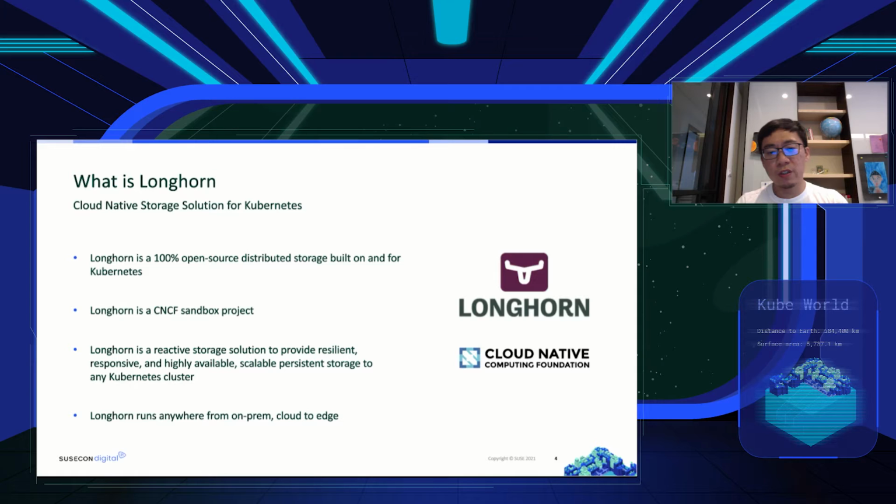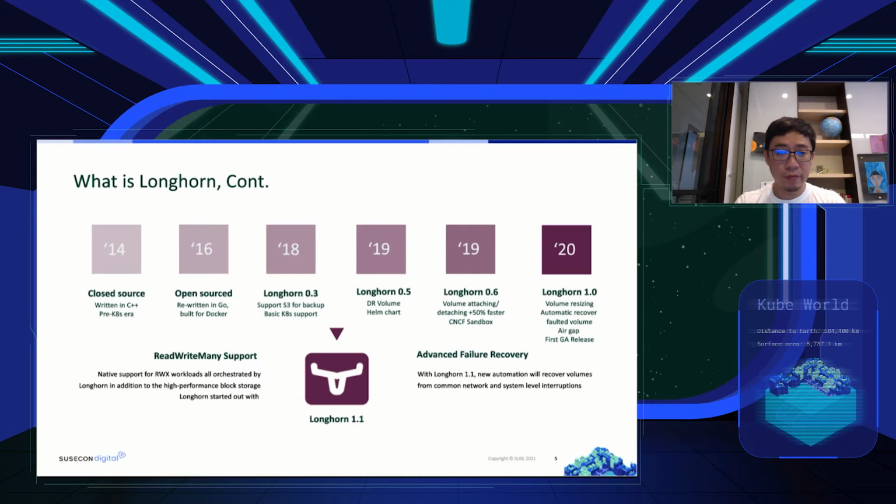The other point is that we want Longhorn to be an agnostic storage provider that runs anywhere, from on-premises and private cloud to edge. This is why in the recent release we support ARM64 to cover edge deployment. So this is Longhorn.